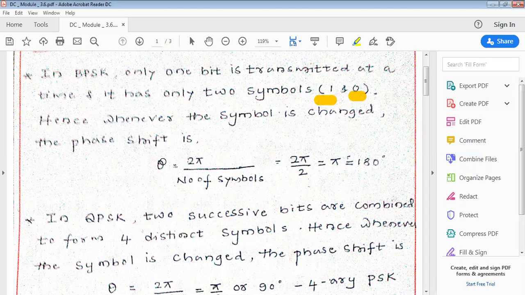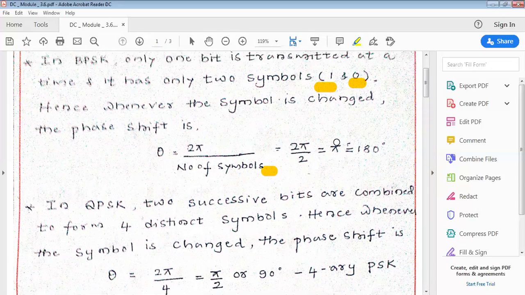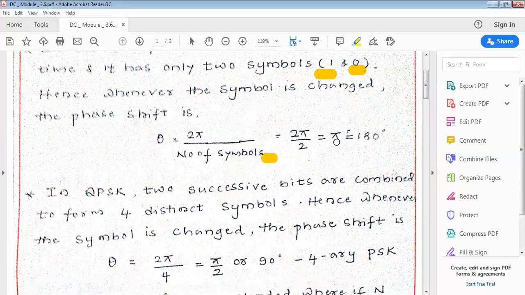Then the phase shift is theta equal to 2 pi divided by the number of symbols, that is 2 pi divided by 2, which is pi. So in BPSK we have a 180-degree phase shift whenever there is a change in the symbol.